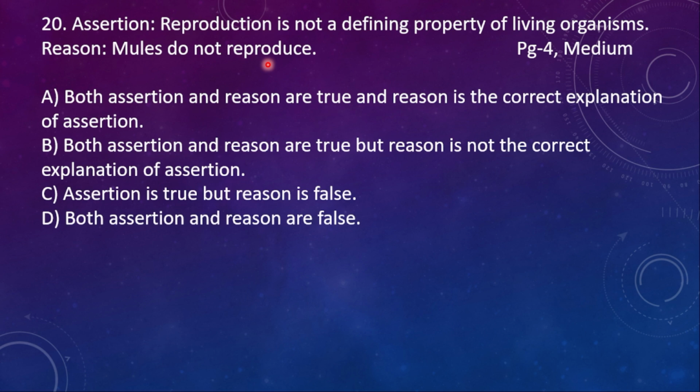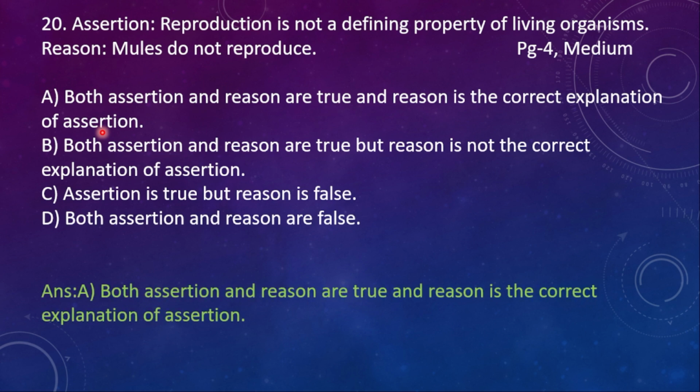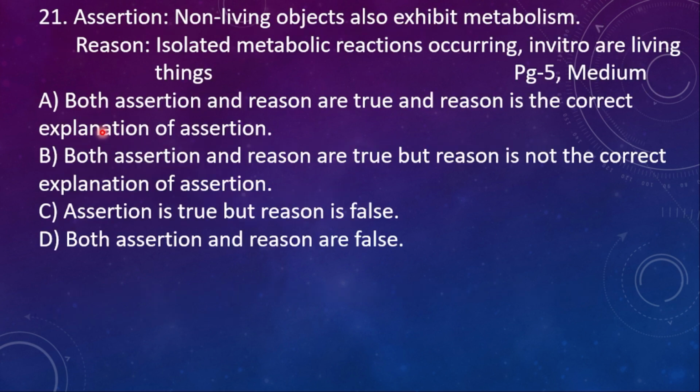Reproduction is a characteristic of organisms, but it is not a defining characteristic. So here both assertion and reason are true, and reason is a correct explanation of assertion. So the option is A.